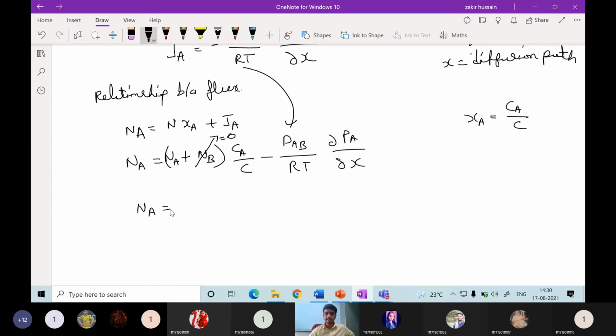Then NA is equal to NA into CA by C minus DAB by RT dou PA by dou X. Is it clear until here?